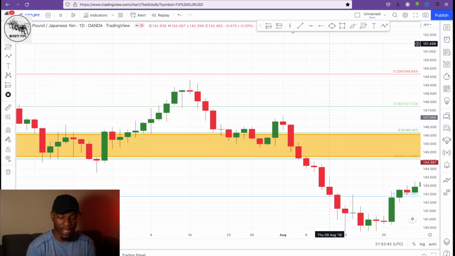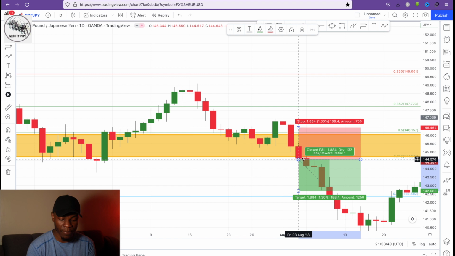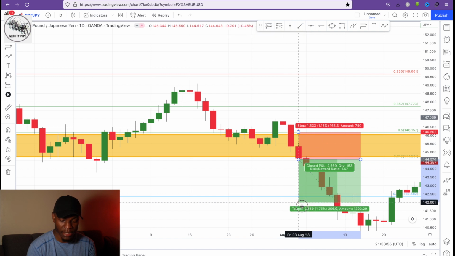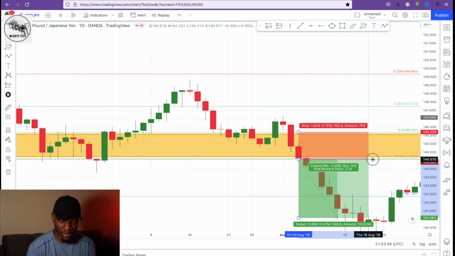You could then take a short position after the third crow here below the golden zone, stop loss just above the golden zone, and then target 1 to 2, which was achieved right there.